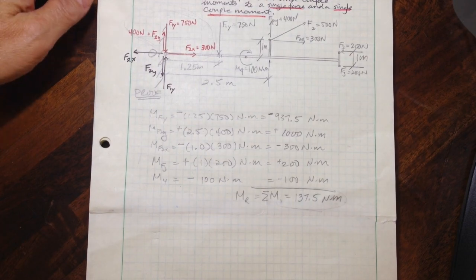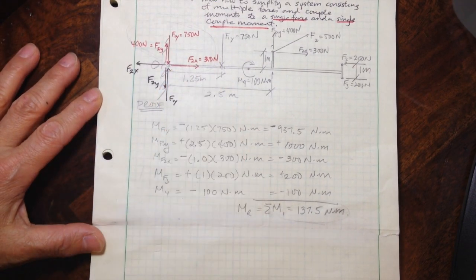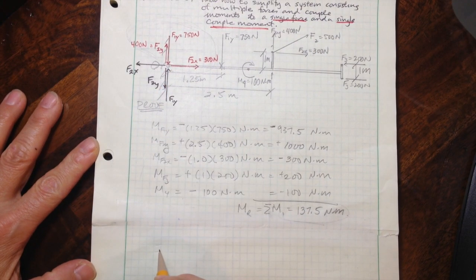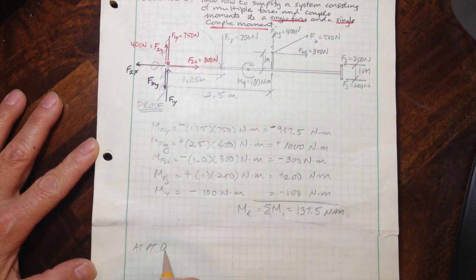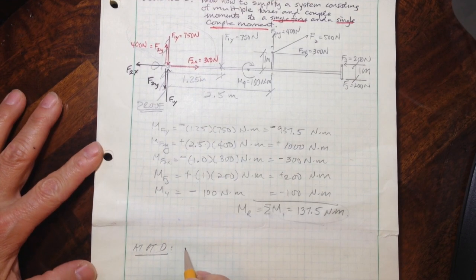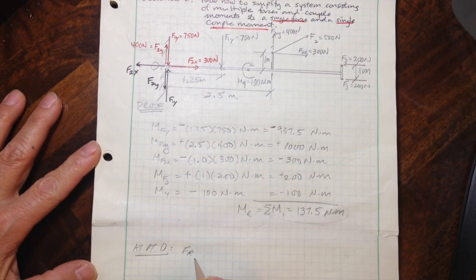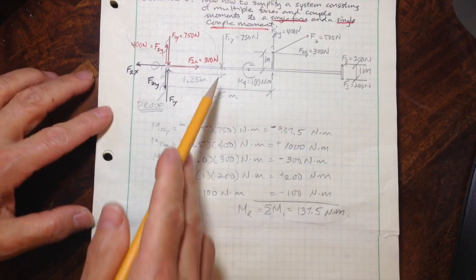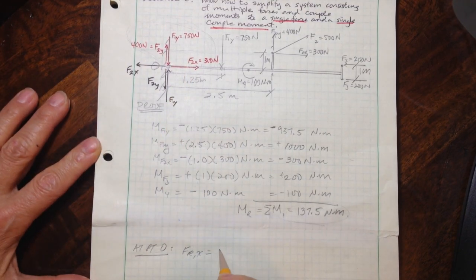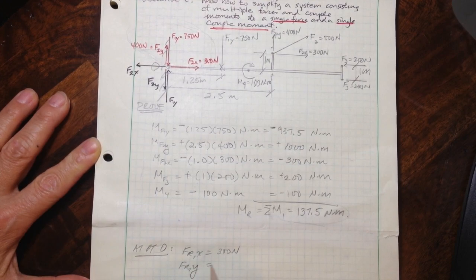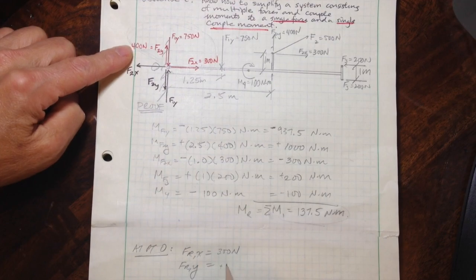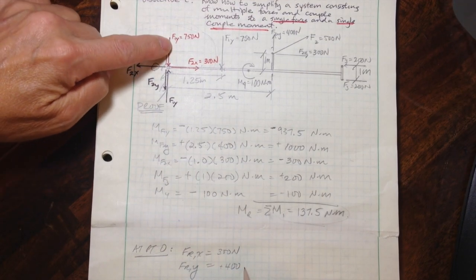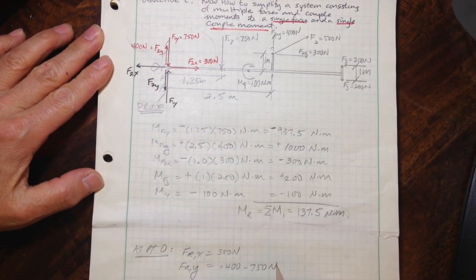The next step now is to take care of these remaining forces. So let's calculate the resultant forces at O. At point O, we have the resultant force in the x direction, and that would only be that 300 Newton force. The resultant force in the y direction would be these two forces, so that would be a positive 400 newtons minus 750 newtons.